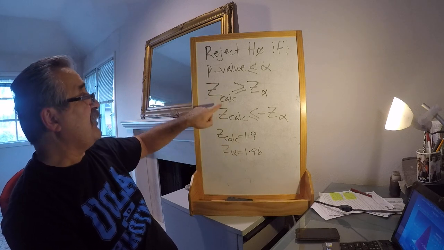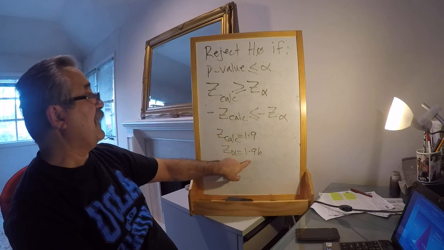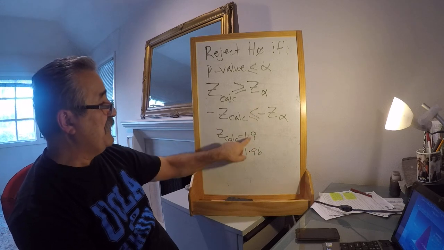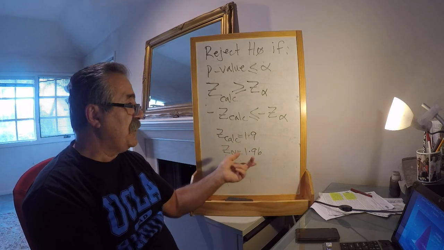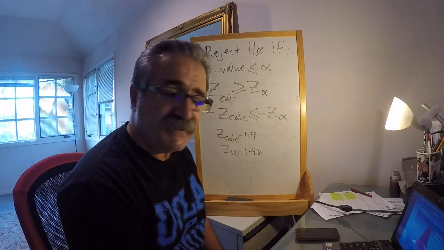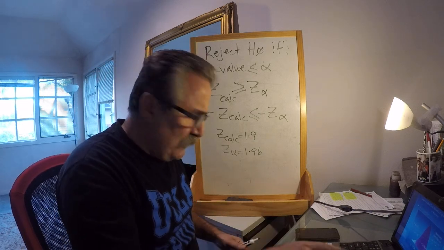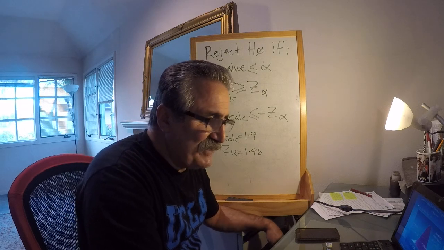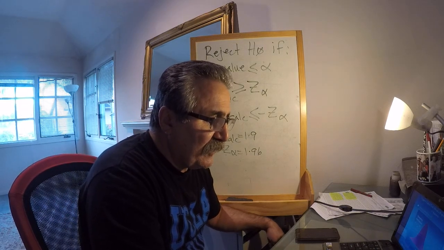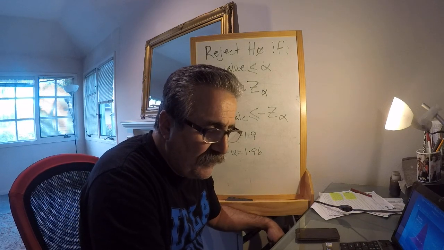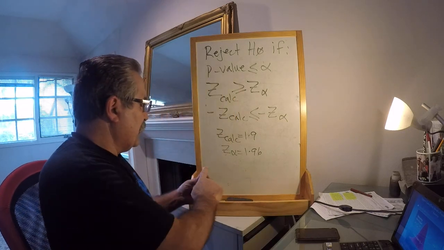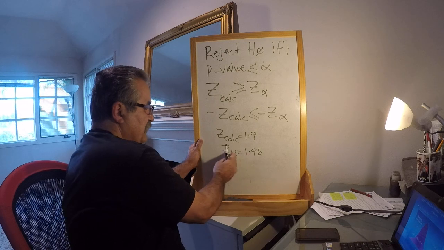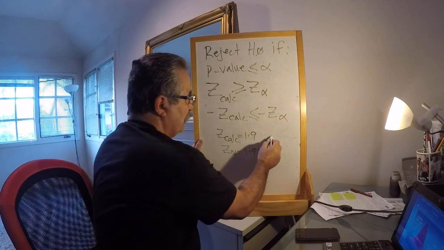We reject if our z calc is greater than z of the given alpha. That means in this case we don't reject, we accept the null hypothesis, the H0. Again, slides number 18 and 19, and also 20, are explaining this.